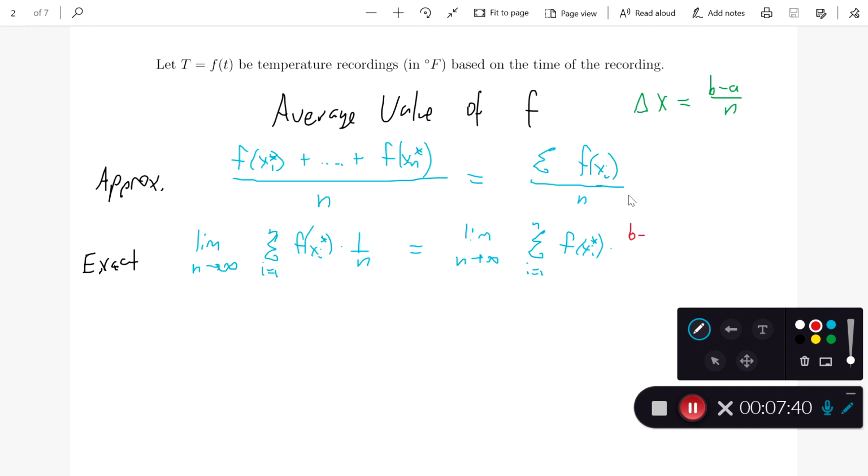So if we put in the b minus a, we just need to put it somewhere else with a 1 over. So I could just stick it on the outside if you like.